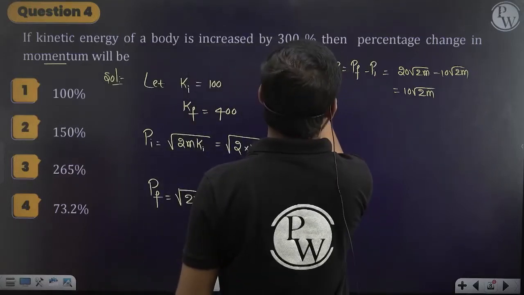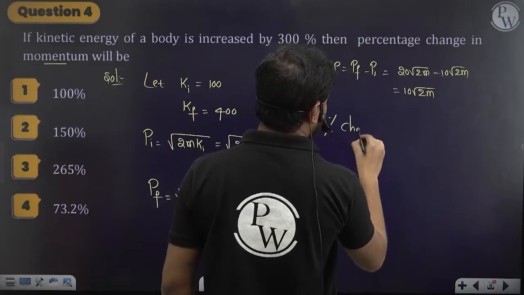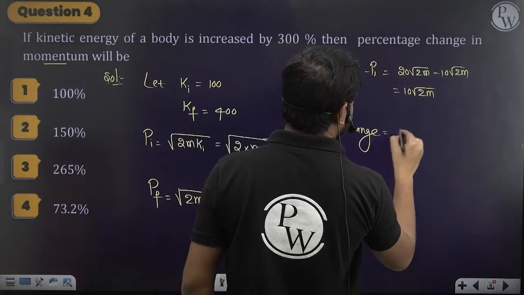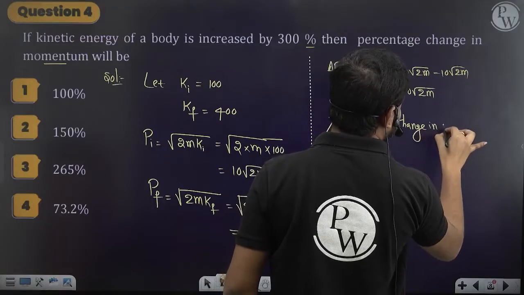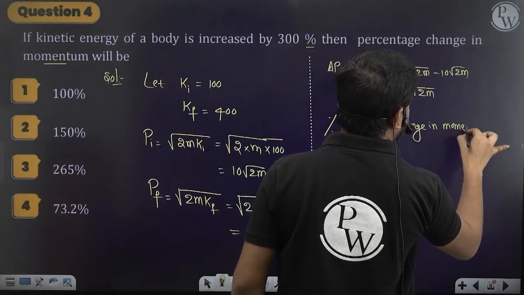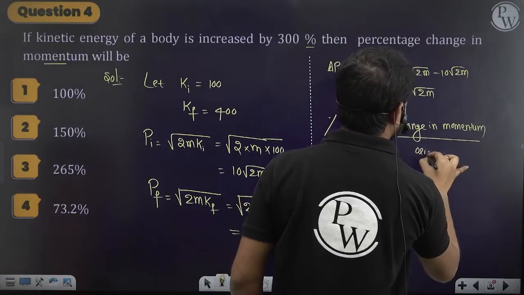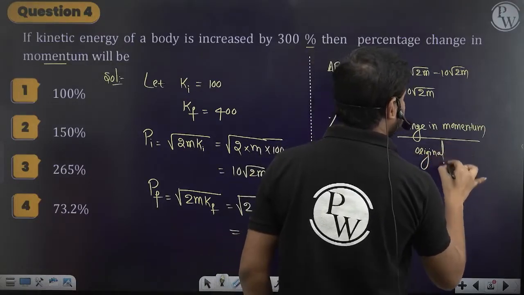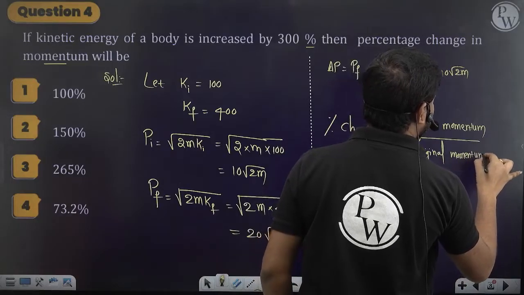But what we require is the percentage change in momentum. So the percentage change in momentum will be equal to the change in momentum by the original momentum into 100.